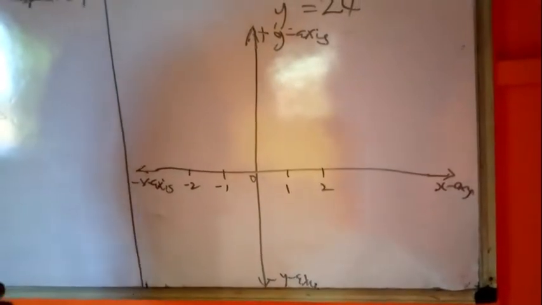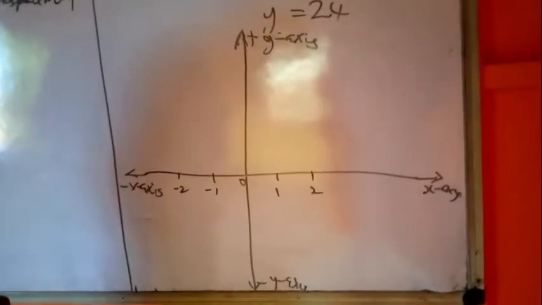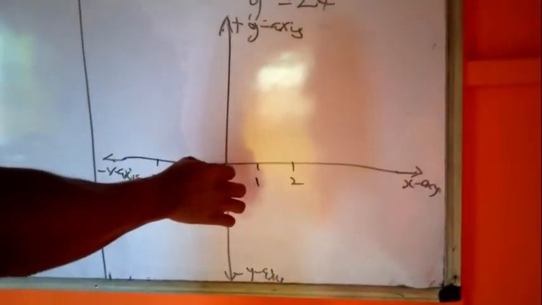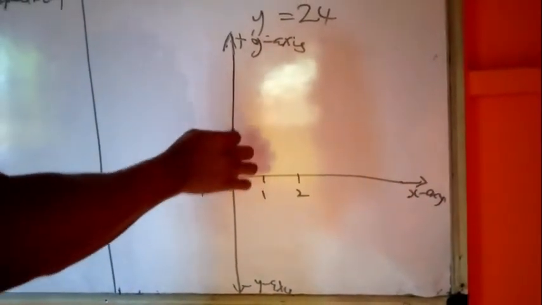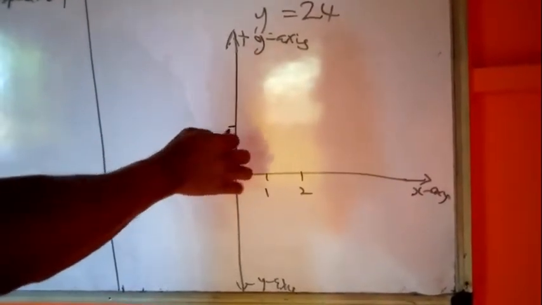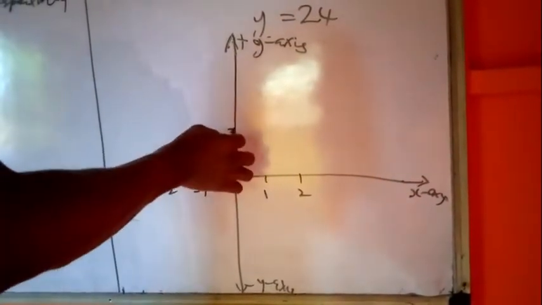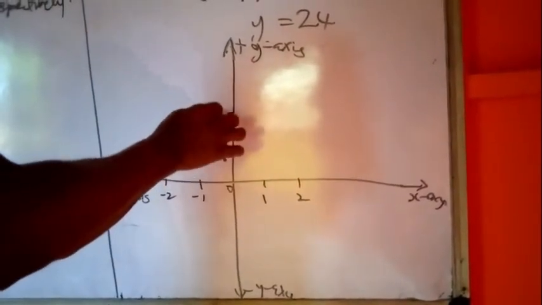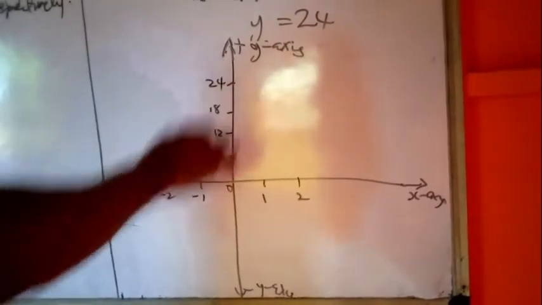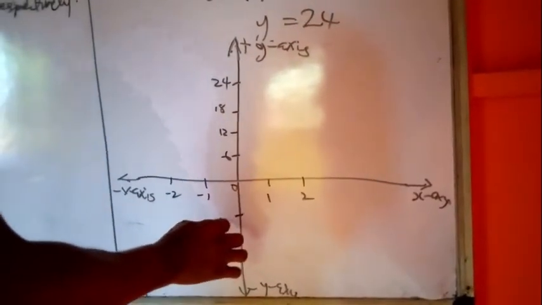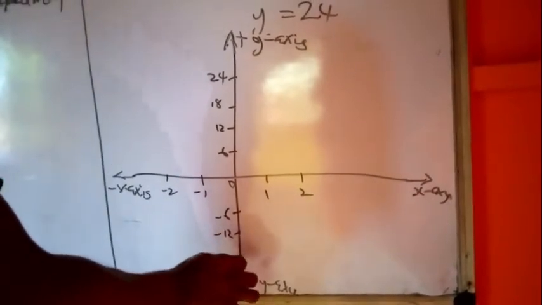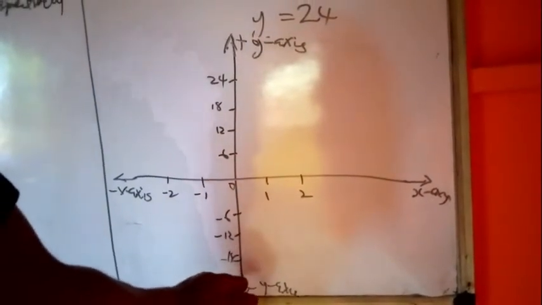For y, the maximum in the positive y-axis is 24. Let's assume 2 centimeters equals 6: 6, 12, 18, and 24, and in the same position, minus 6, minus 12, minus 18, minus 24.